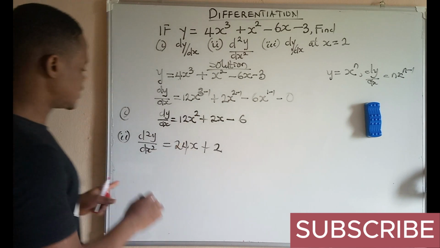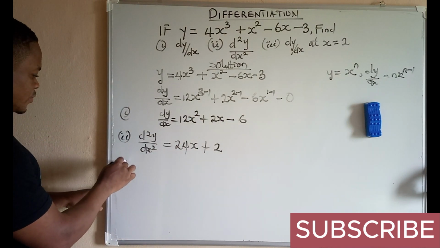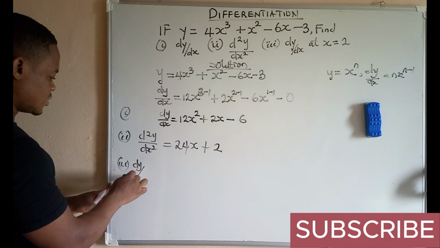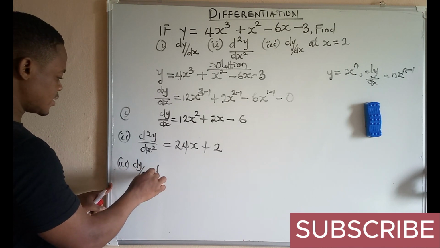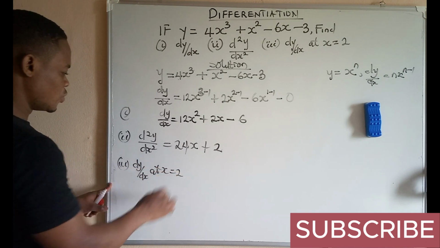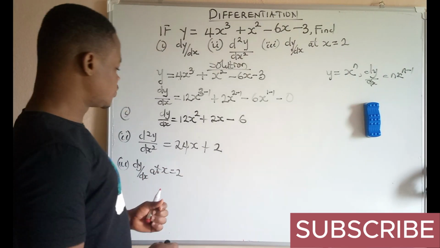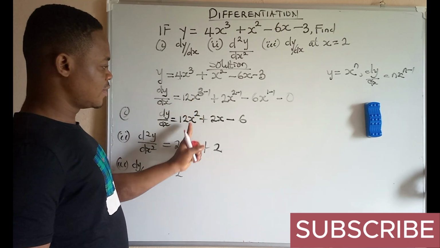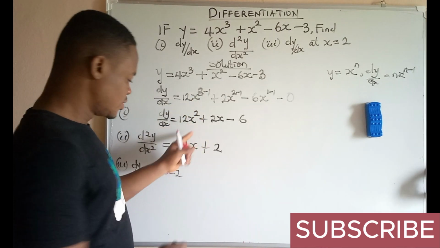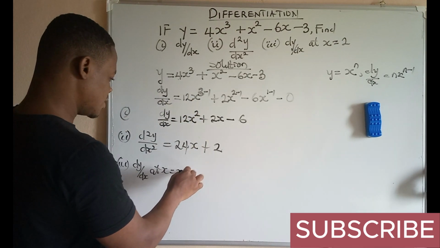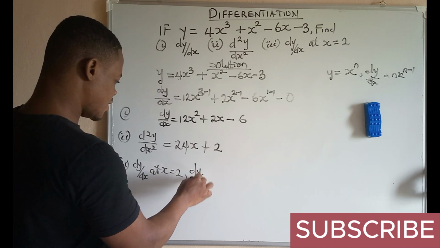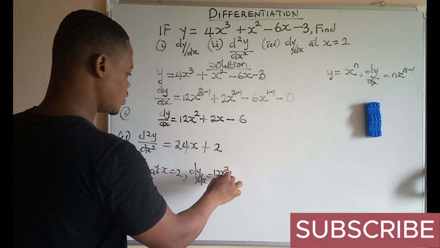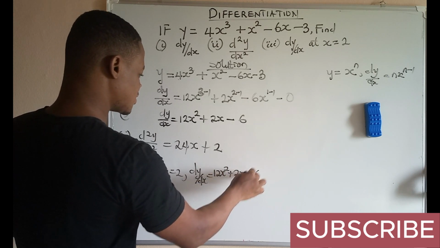Now the third one, which is the value of dy/dx at x equals 2. All we need to do here is to input 2 for x in dy/dx. So we have that dy/dx is equal to 12x raised to the power 2 plus 2x minus 6.